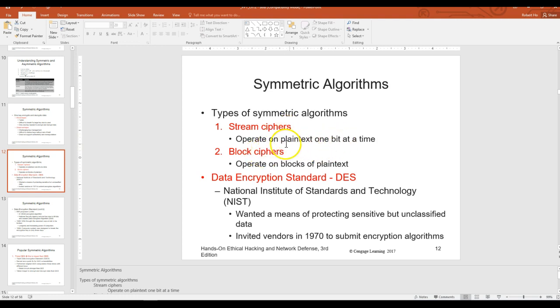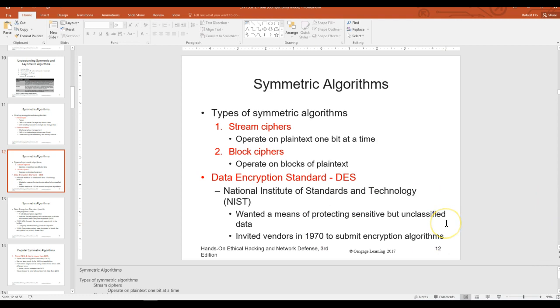Stream ciphers operate on plain text 1 bit at a time. Block ciphers operate on blocks of plain text. Okay. An example of a symmetric algorithm is DES, Data Encryption Standard. This encryption algorithm was established by the National Institute of Standards and Technology, or NIST, right?